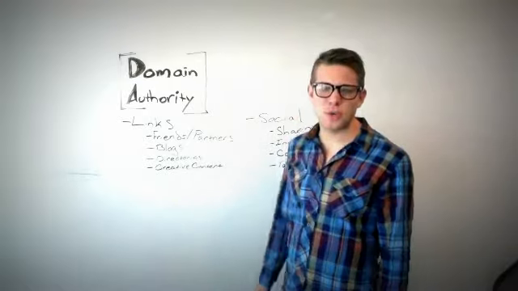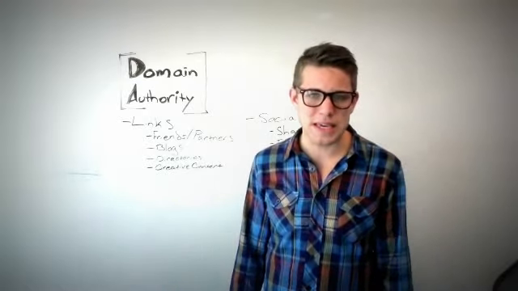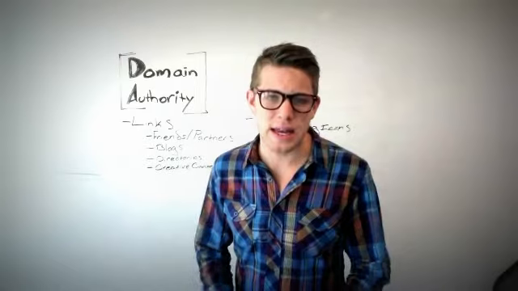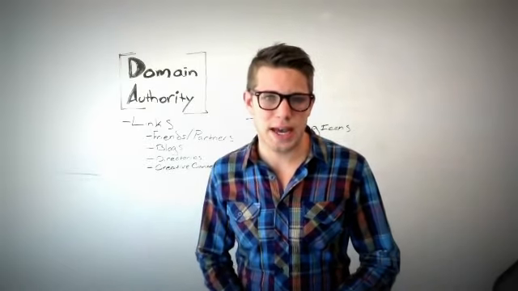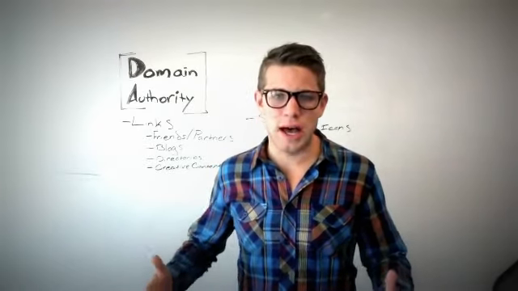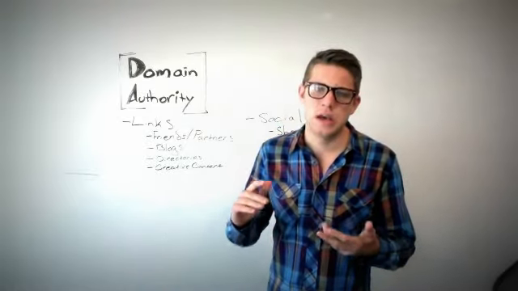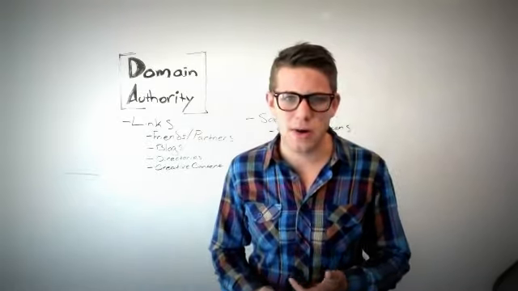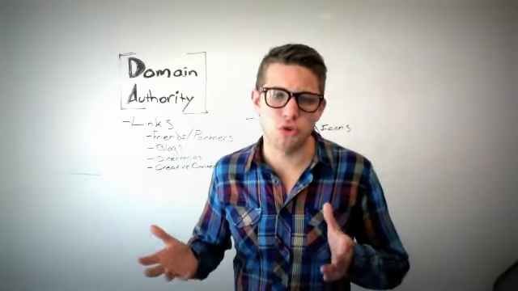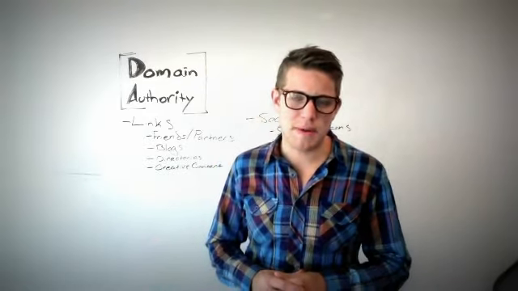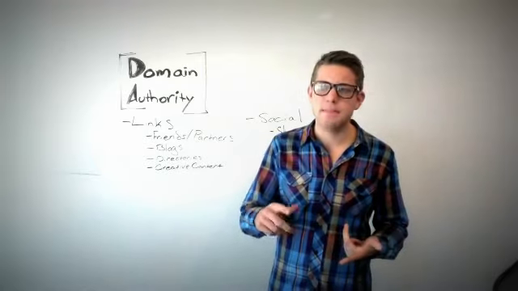Think about directories. This is another easy one that you can begin with right at the beginning of the launch of your site. There are oftentimes online lists of businesses, lists of websites, lists of services in an area. These are what we typically call directories. A couple big directories to think about. There's one called DMOZ, D-M-O-Z.